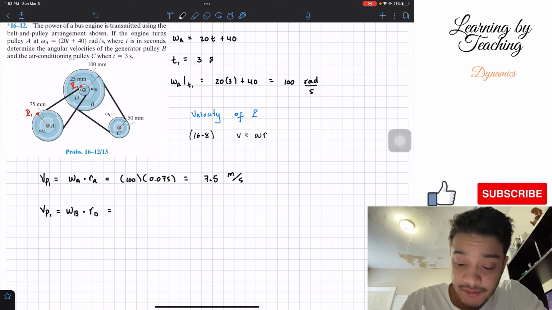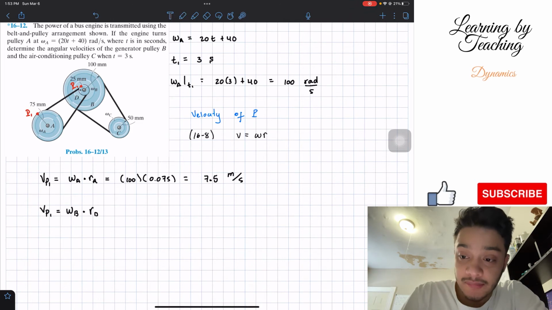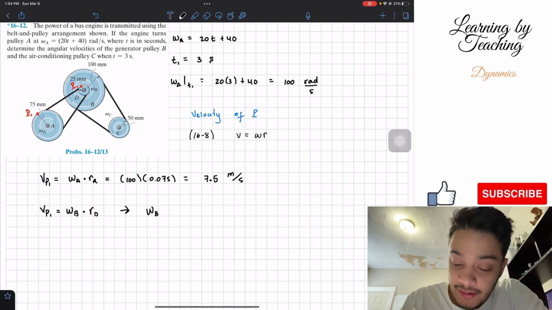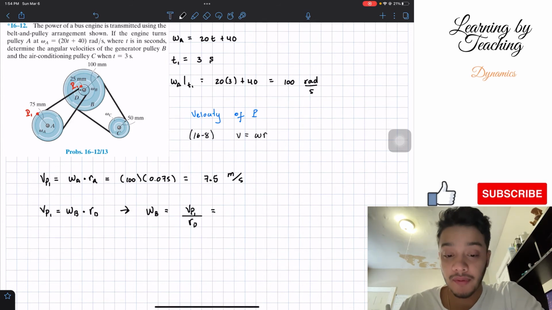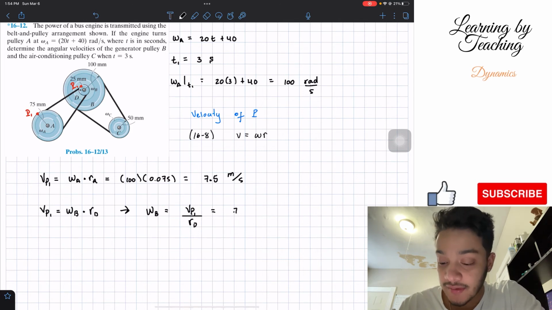We want to know the angular velocity of B, so we're going to solve for it. We get ω_B is equal to the velocity of point 1 divided by the radius of D. We know both of them: 7.5 divided by this radius, which is 0.025 if we convert it into meters.